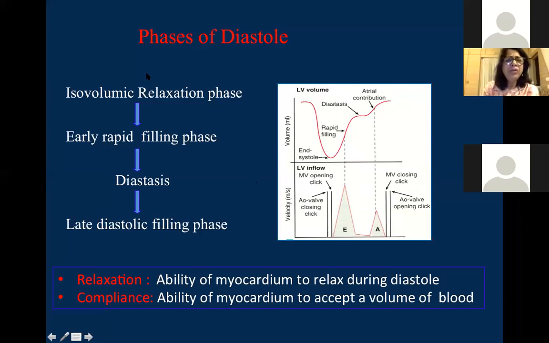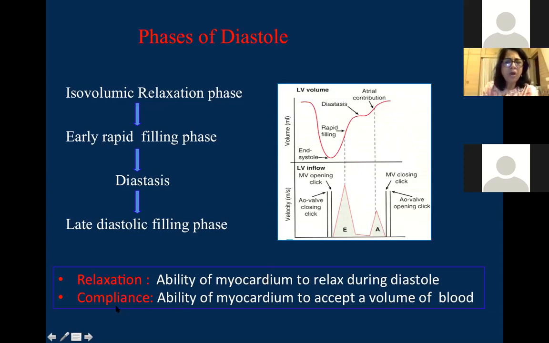So if we look at all the phases of diastole, there are basically two factors which are responsible for the diastolic filling of the ventricle. One is the relaxation and another is the compliance. Relaxation, I have already explained to you, and it is the ability of the myocardium to relax during diastole because of the removal of the calcium ion.